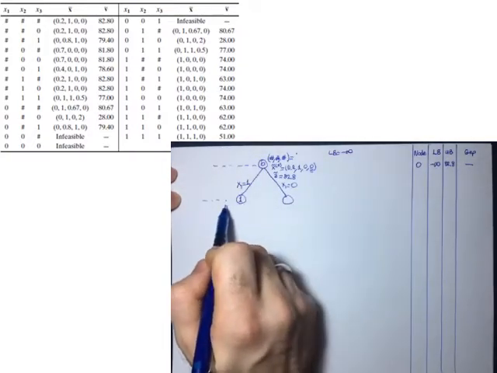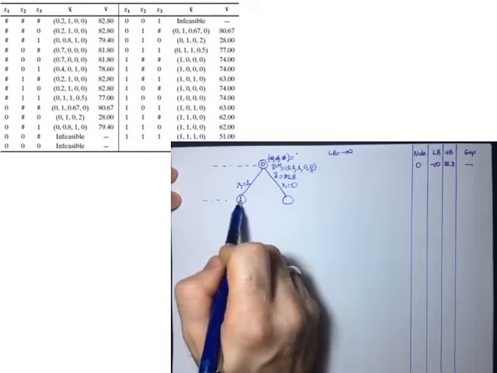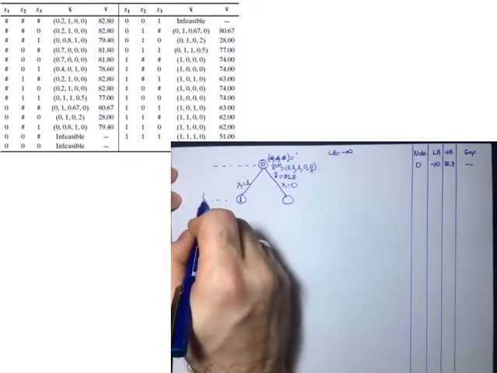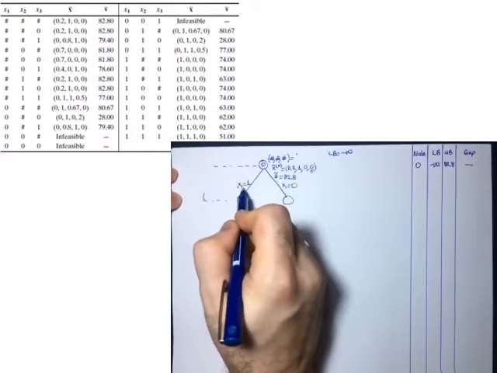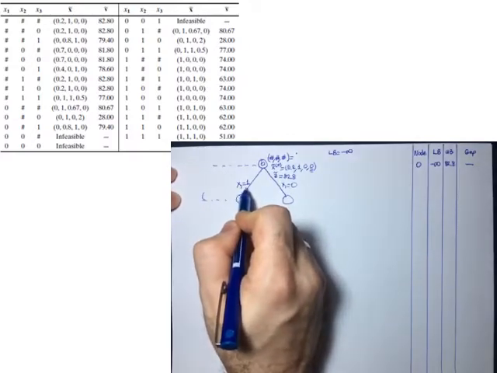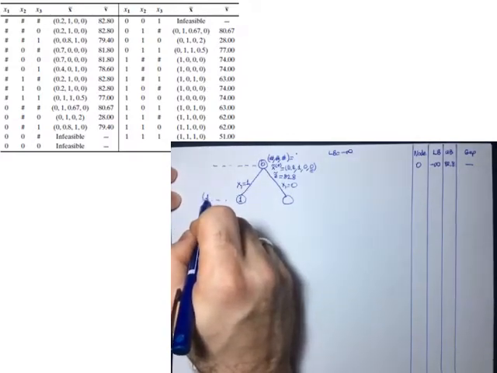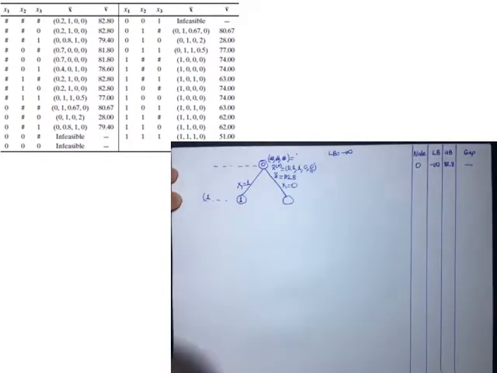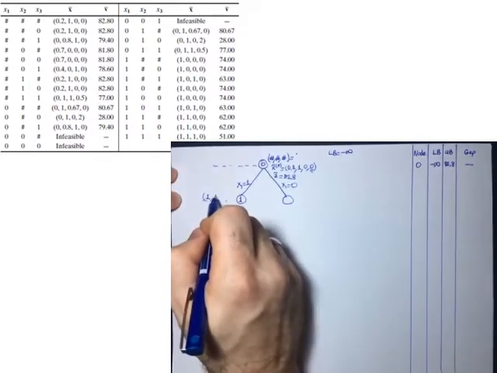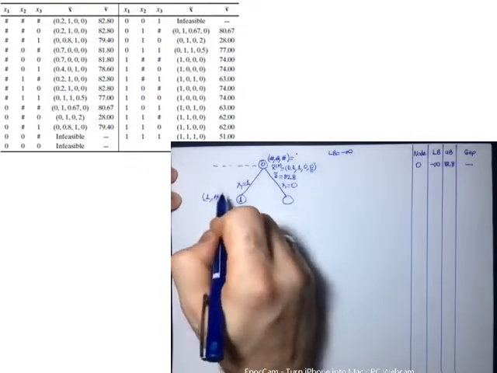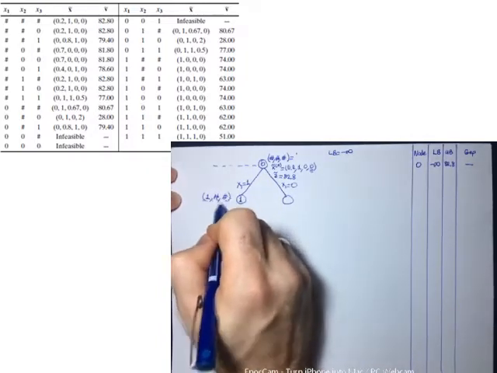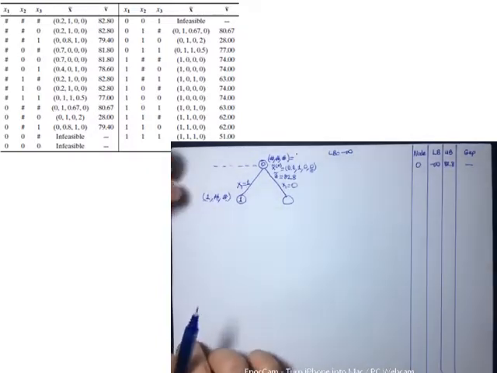But first we need to write what the problem is here. What are we solving? We fixed the value of x1 to 1. It means that x1 is fixed to 1, x2 is still free, and x3 is still free. We are solving this problem, and for its solution, we need to look at the table.